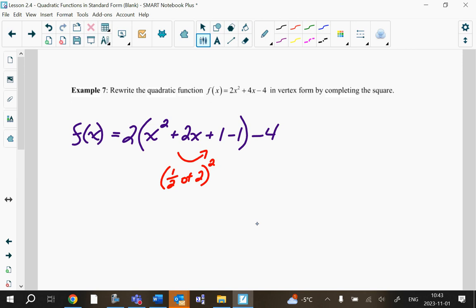To take it out, don't I have to multiply it by 2? So -1 times 2 gives me -2. That's what goes outside. We've been doing that every example to keep it balanced. If you add 1 to something, to keep it balanced, you've got to take away 1.